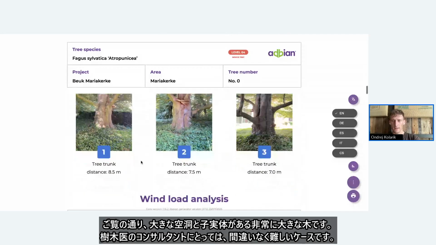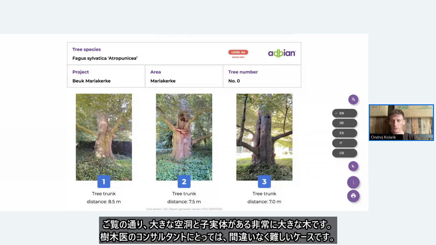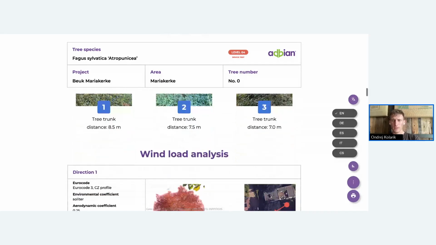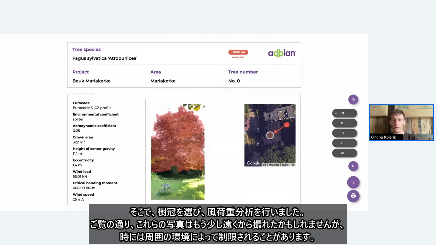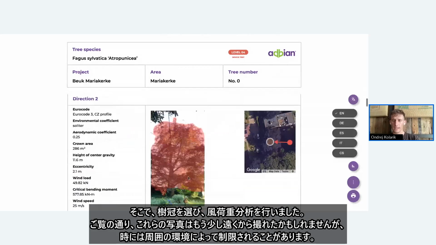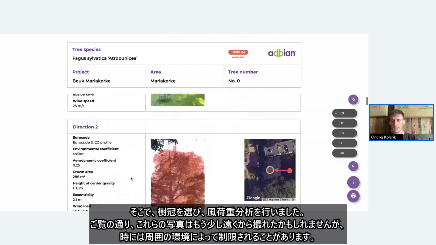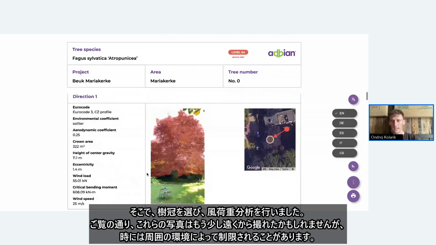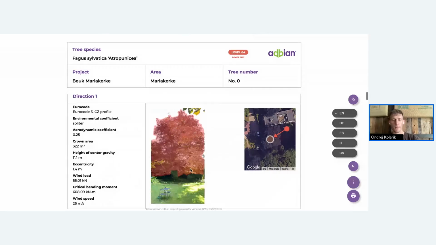As you can see, a pretty big tree with huge cavities and fruit bodies. So definitely a hard case for an arborist consultant. So we selected the crown and did the wind loading analysis on it. As you can see, these photos could be taken from a little bit further away, but sometimes it can be limited by your surroundings.